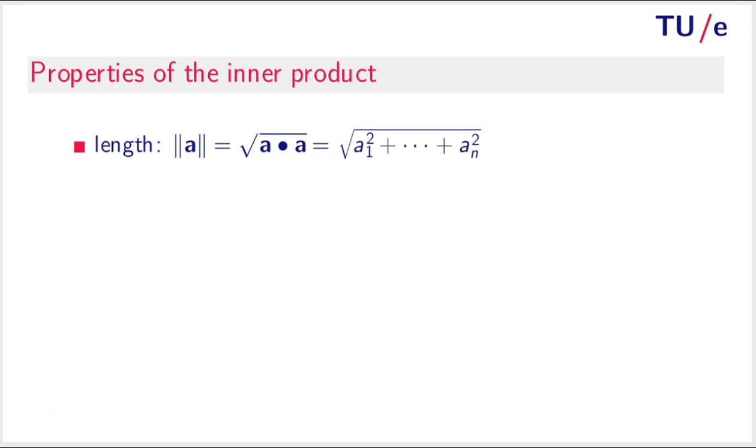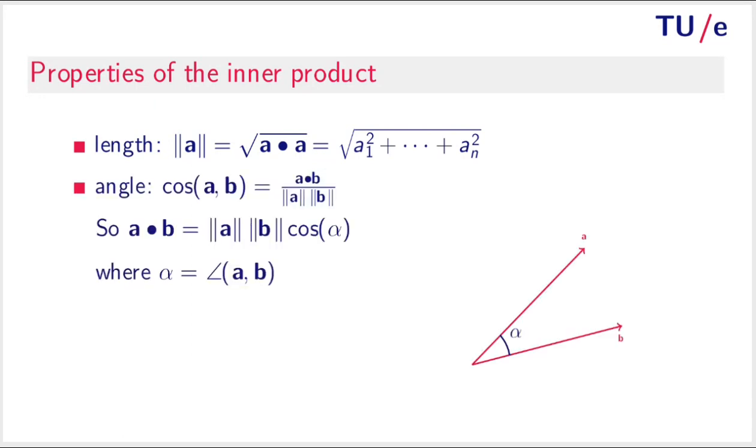Here are some properties of this inner product. The length of a vector is equal to the square root of the inner product with itself. If we have two vectors, then we can let them start at the same point and we can find an angle between the two directions. So let's say this angle is called alpha.